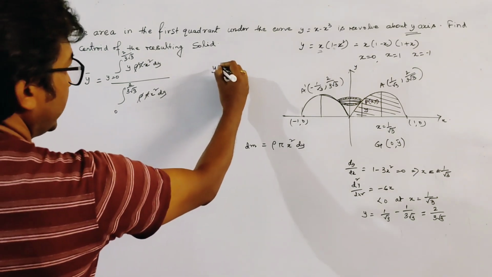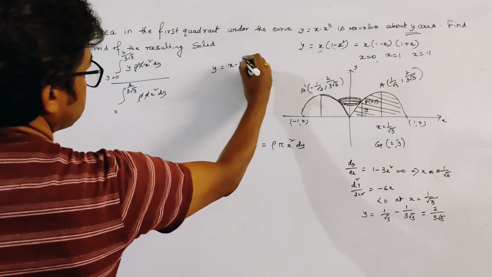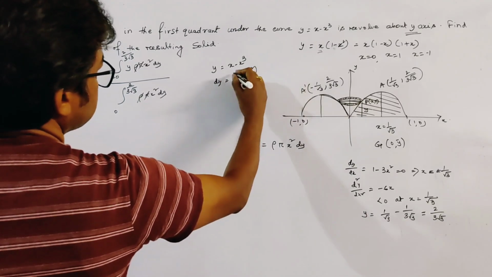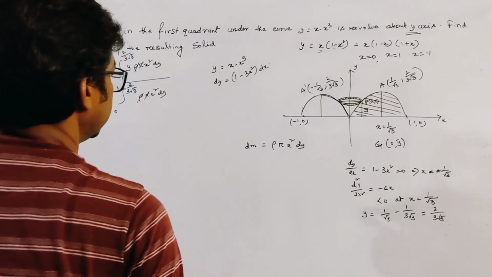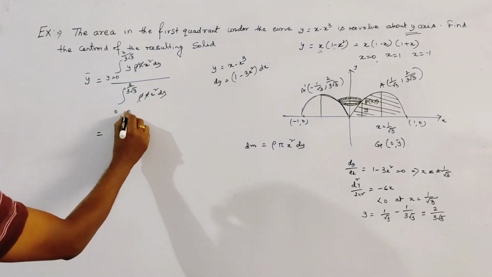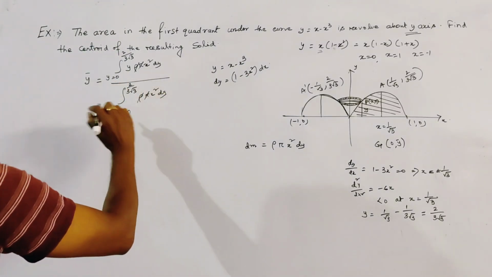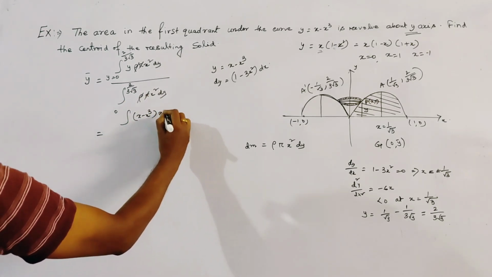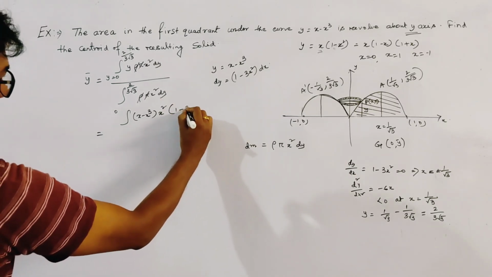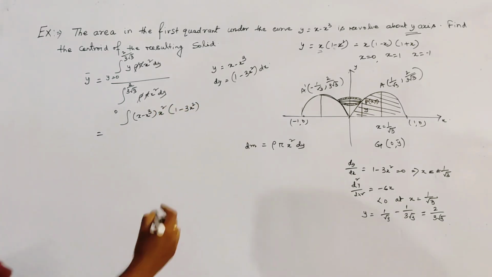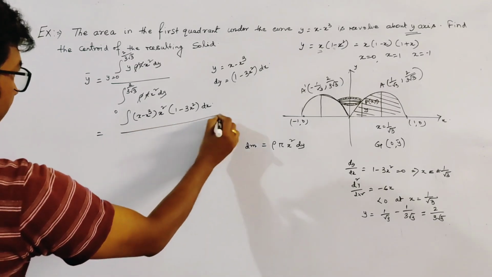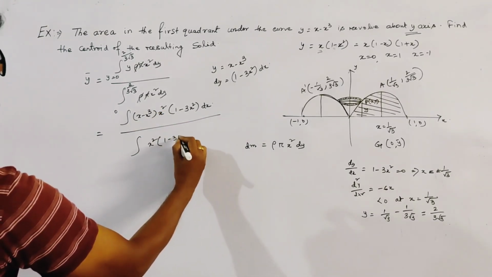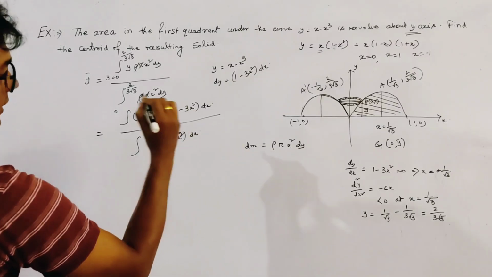Now y equal to x minus x cube, so dy equal to 1 minus 3x square into dx. We put in the values of dy and y. In the upper integral, y is x minus x cube into x square into 1 minus 3x square into dx, and in the lower portion, x square into 1 minus 3x square dx.